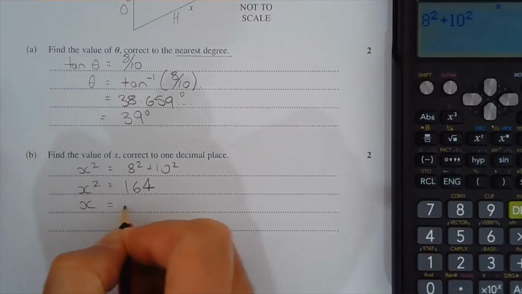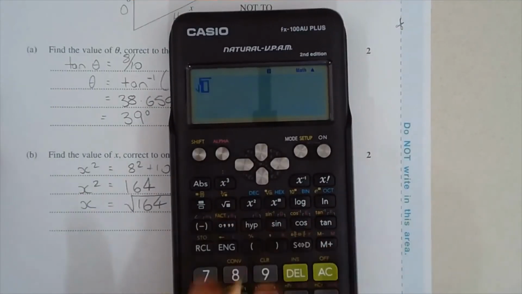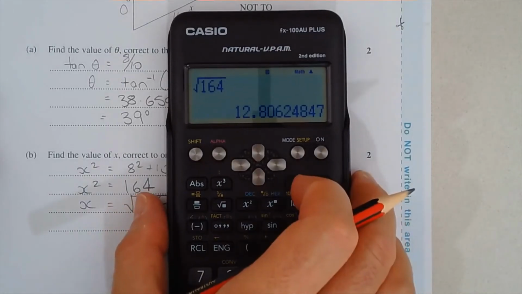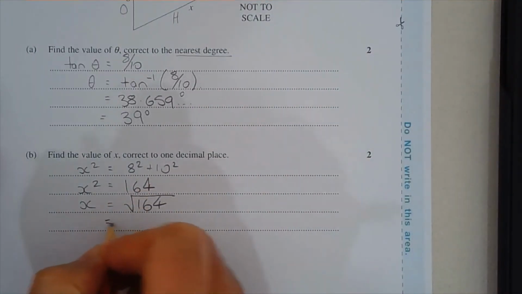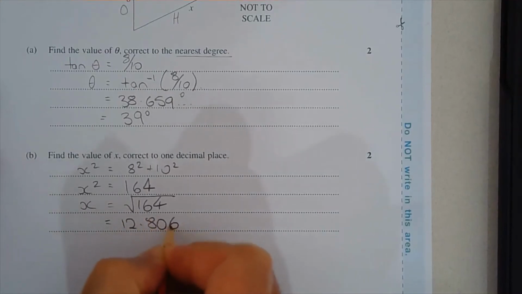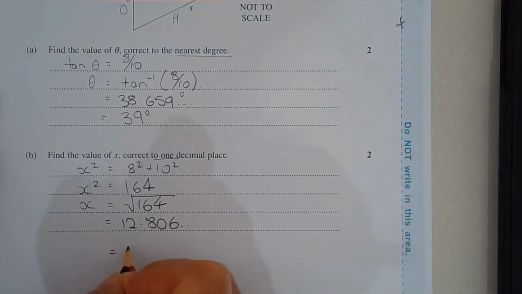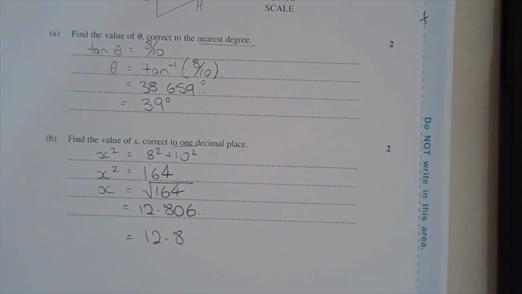So x is equal to the square root of 164, and that gives us 12.806. But we want it correct to 1 decimal place. So that's going to be 12.8 correct to 1 decimal place.